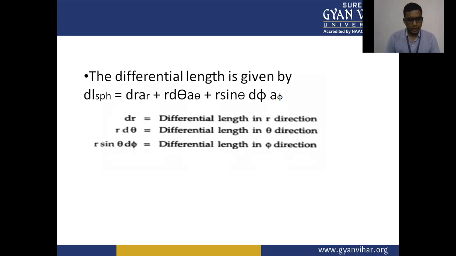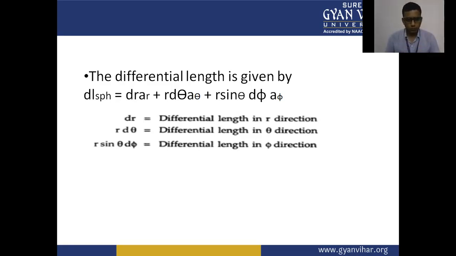The differential length in spherical coordinates is represented by dl equal to dr in the direction of the unit vector a_r, plus r d theta in the direction of the unit vector a_theta, plus r sine theta d phi in the direction of the unit vector a_phi.